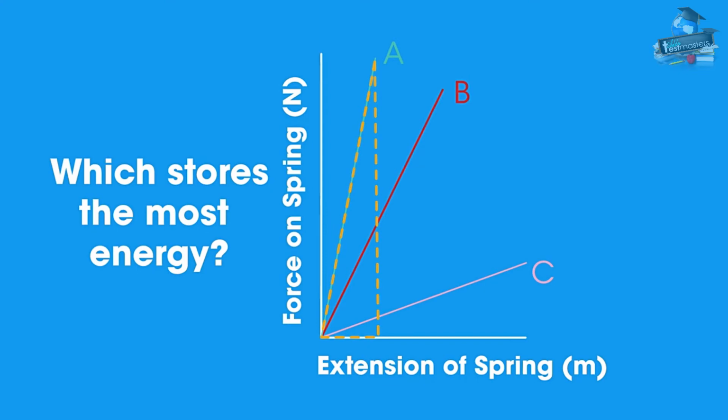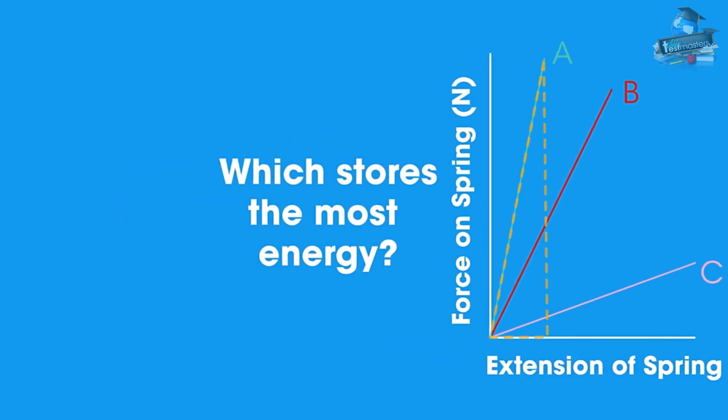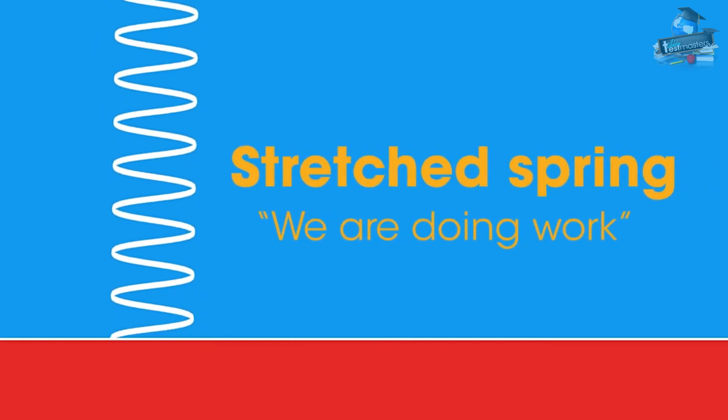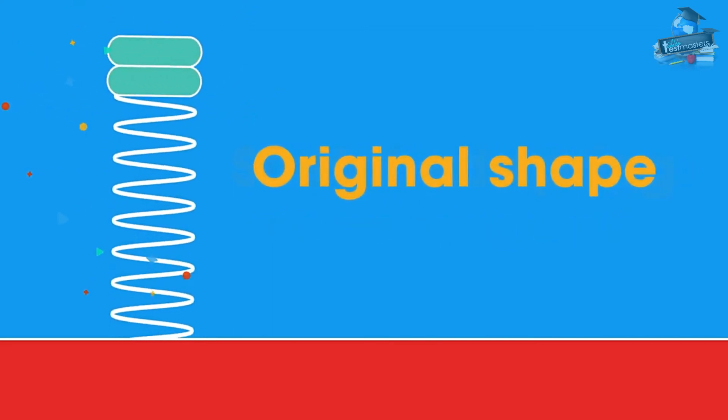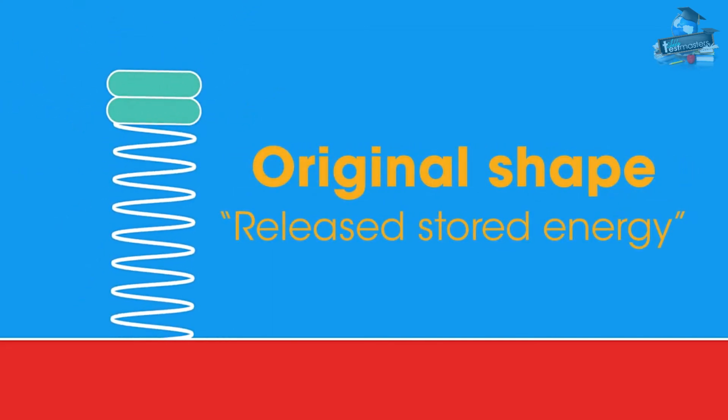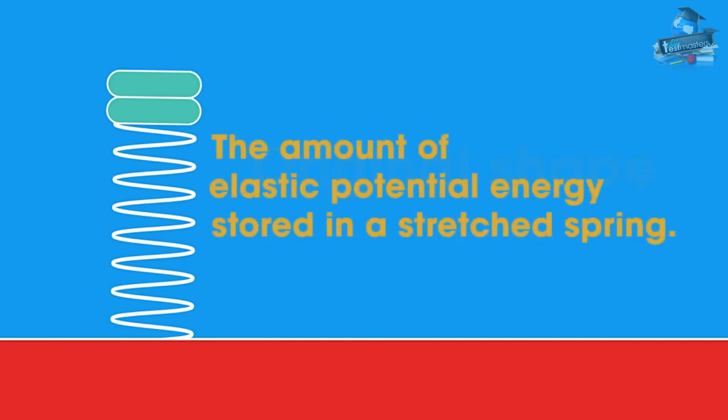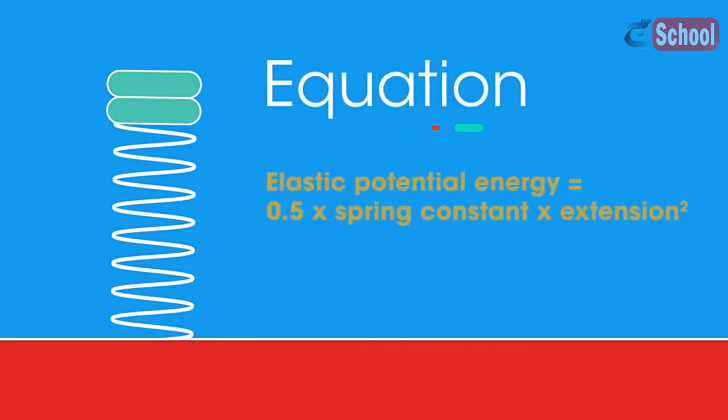Let's look more at the stored energy. When we stretch a spring, we can change its shape. We are doing work. The spring can then go back to its original shape, and the energy stored in it is released. The amount of elastic potential energy stored in a stretched spring can be calculated using this equation.